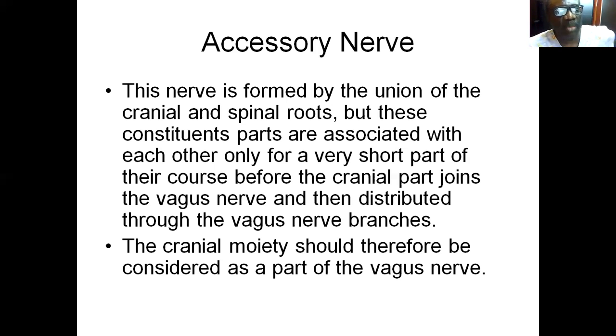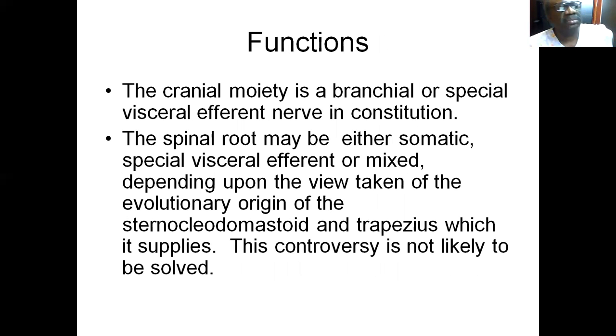The cranial moiety, that is the cranial part of this nerve, should therefore be considered as a part of the vagus nerve. But anatomy refuses to change, so it is still what it was 200 years ago. The cranial moiety of the accessory nerve is a branchial or special visceral efferent nerve in constitution.